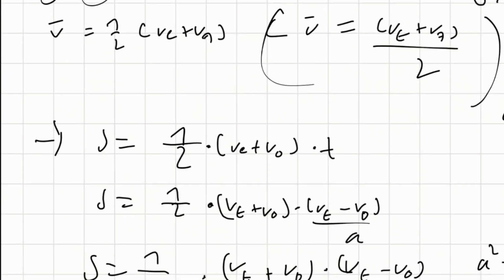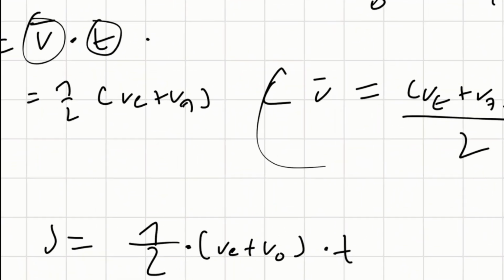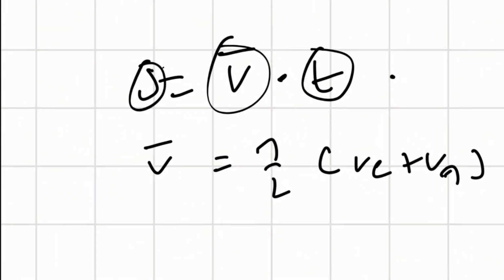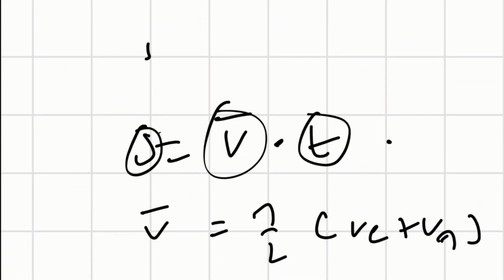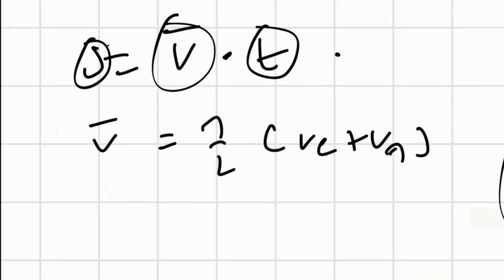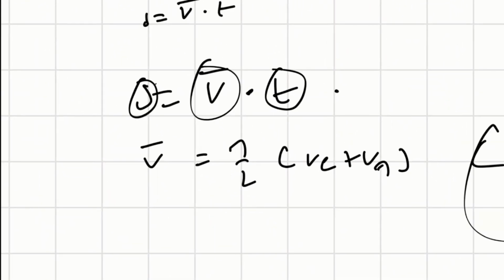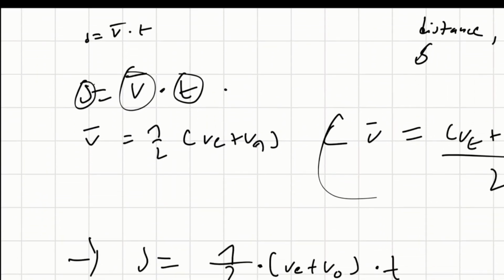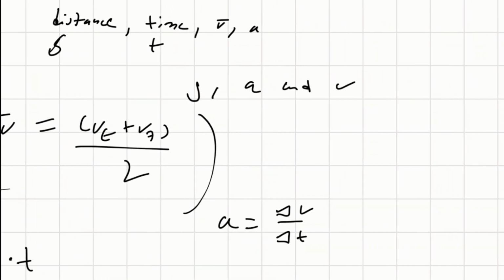And I think this is actually quite nice. So we know the middle speed, so we know our distance is defined as this. The problem here is we don't have our acceleration in this formula.